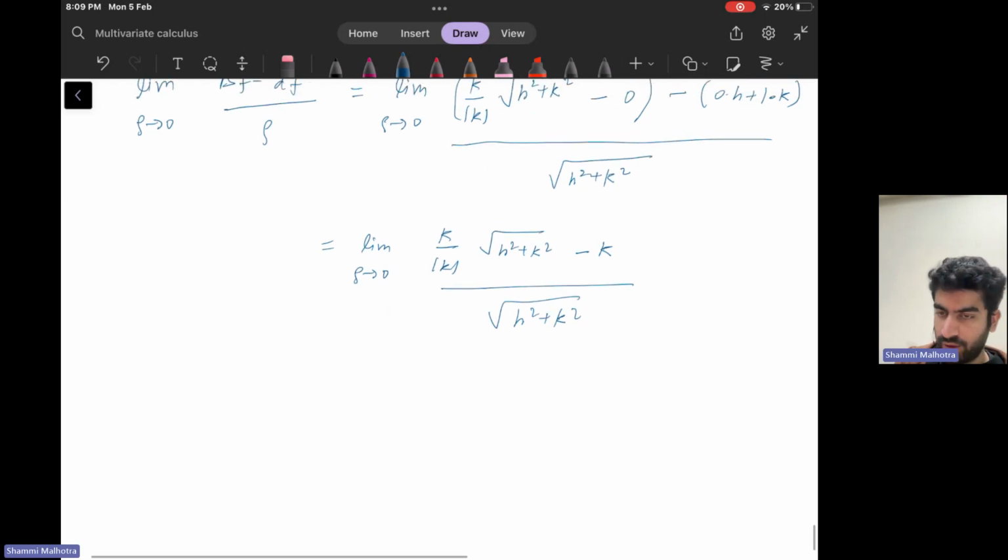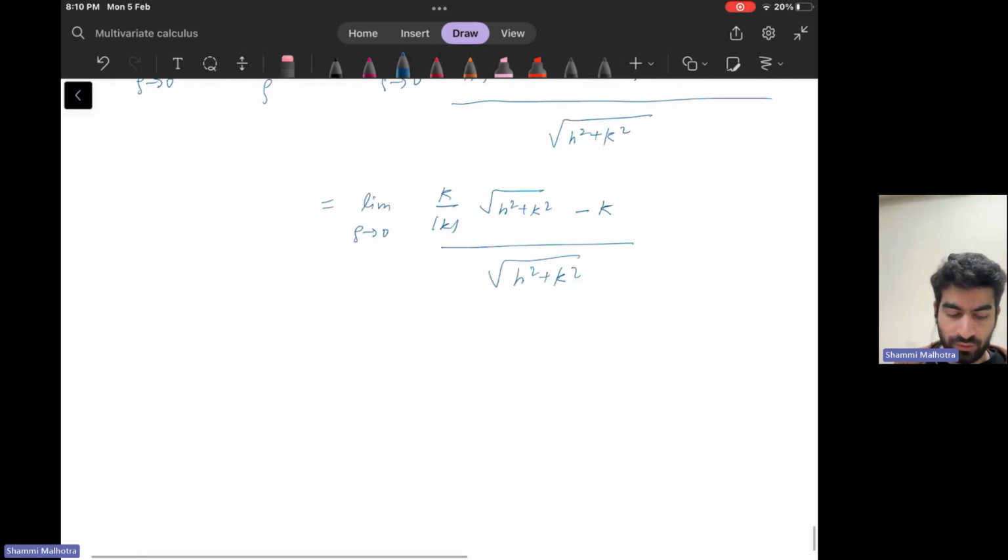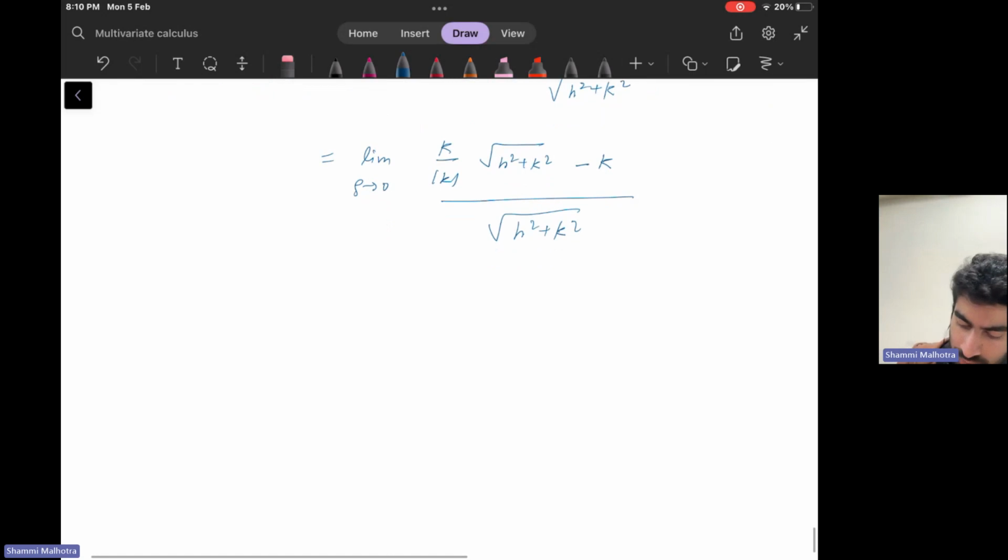Again, if we look at the same idea, what kind of degree we have in the numerator and denominator, we can see the same sort of degrees there, because I can take the k to be common, and then there is some issue, so I can take some specific path. Let us, for simplicity, take the h equal to k path.